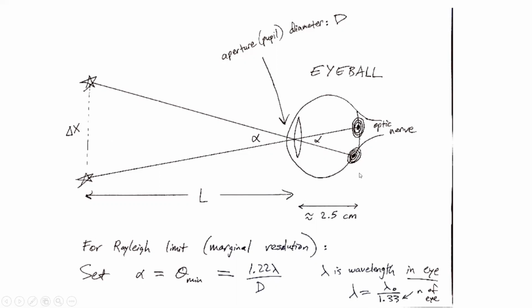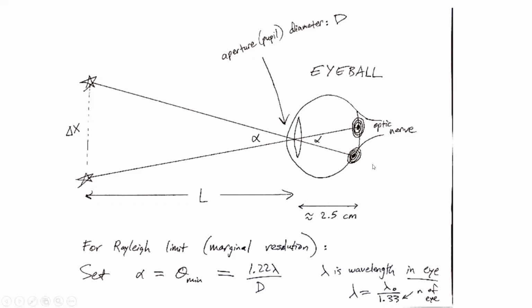Okay. And you have to observe that this angle, of course, is the same as that angle. They're vertical angles. And we can easily calculate this angle in terms of how far apart the headlights are and the distance from the headlights to the pupil. So here's the whole idea. And I've got a couple other sketches here. The whole idea is that we need this angle to be greater than or equal to theta min.